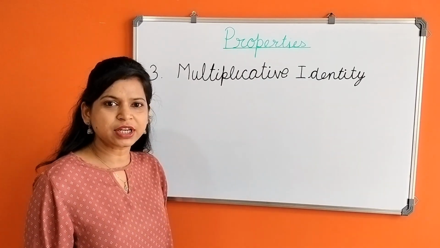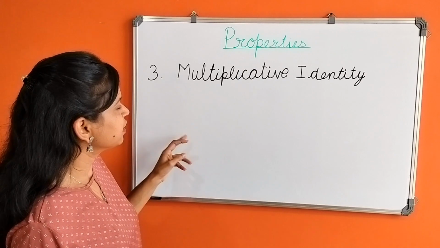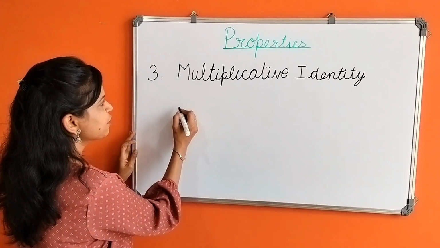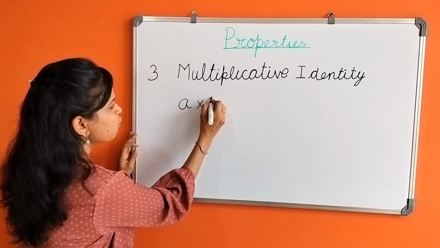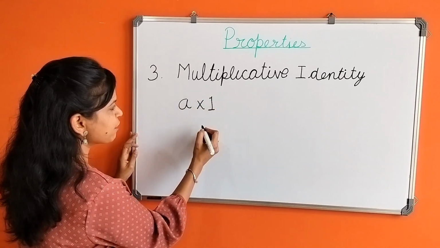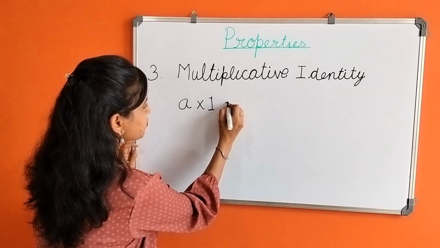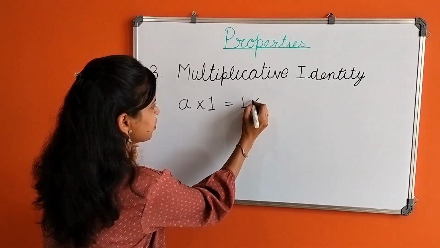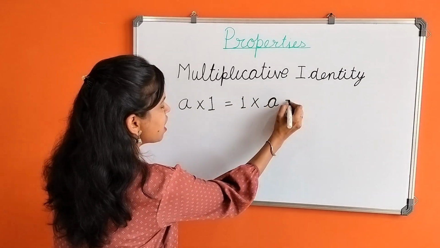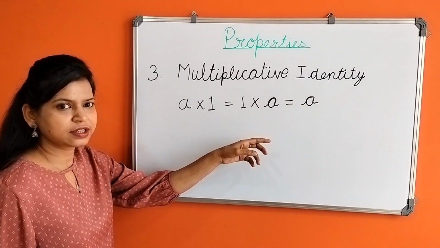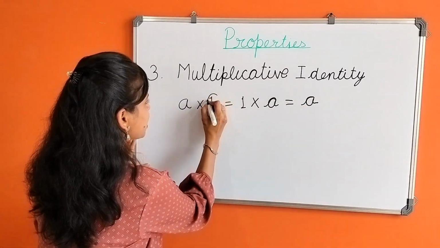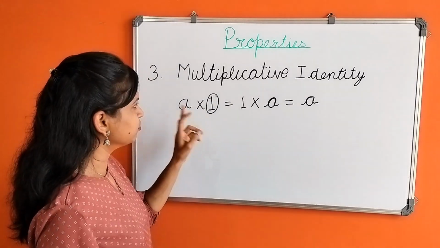Third is multiplicative identity. Whenever we multiply any integer with 1, or whenever we multiply 1 with any integer, the answer will be the same integer. So 1 is the multiplicative identity.